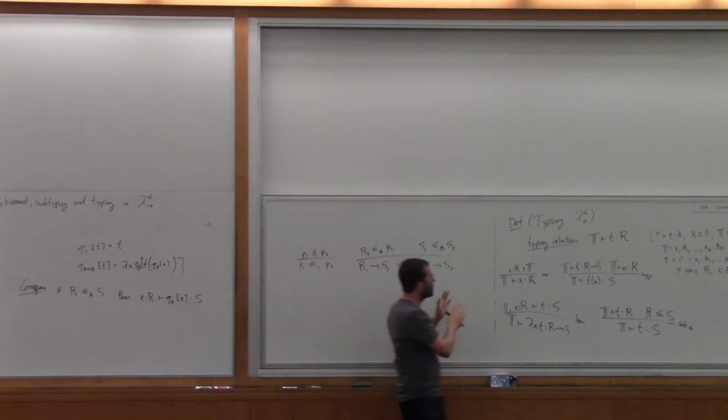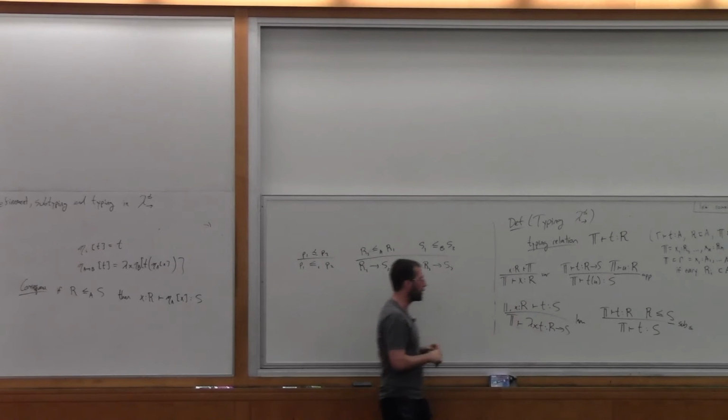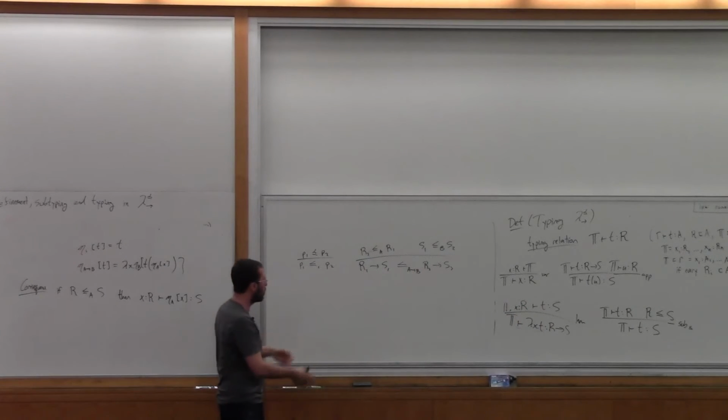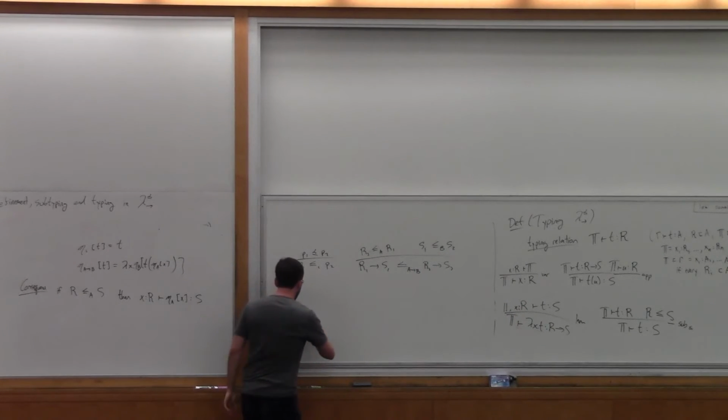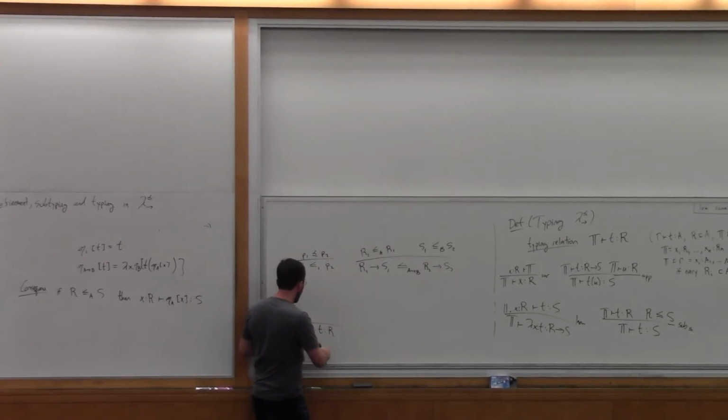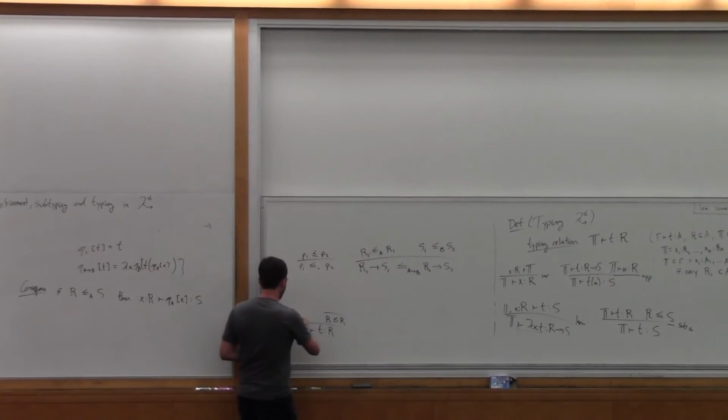Well, that doesn't work for the typing relation. One example of this, and I mean this is just an indication of why there are some difficulties here: we might try to type T, to show that T has type R. Well, we can use the subsumption rule, and maybe we'll use it with reflexivity.